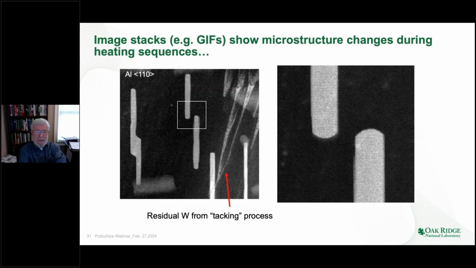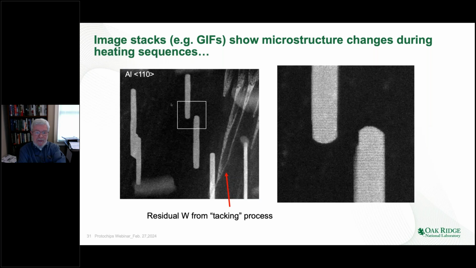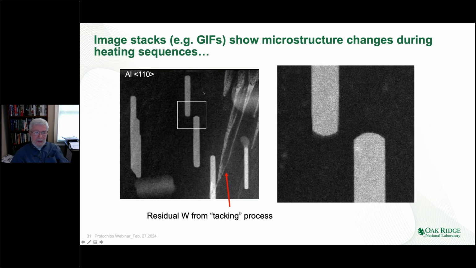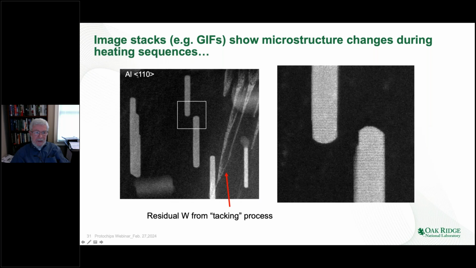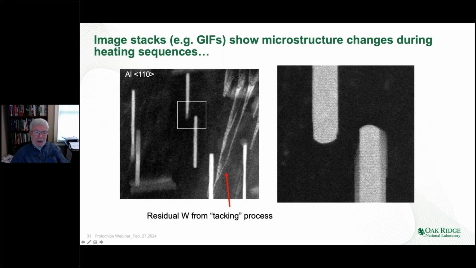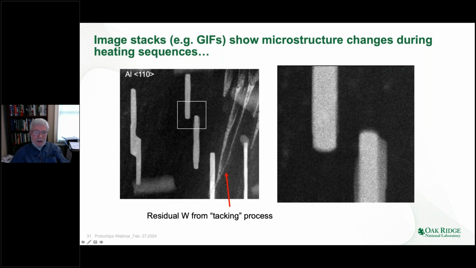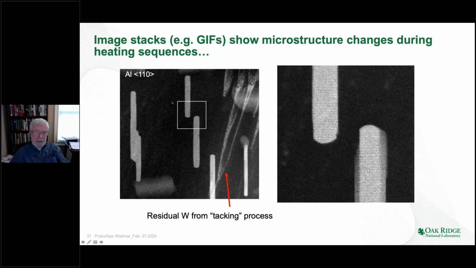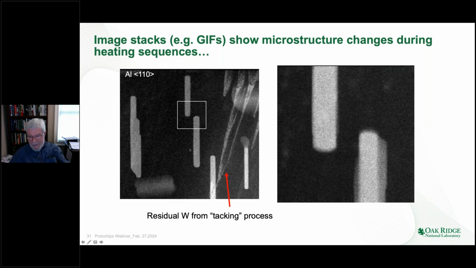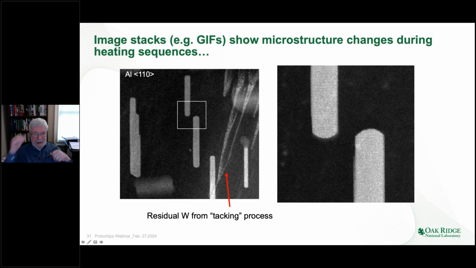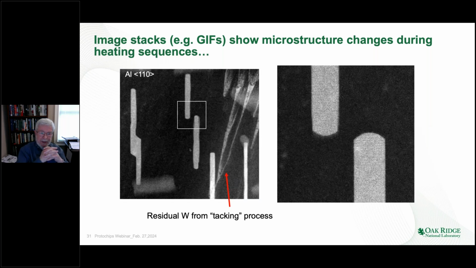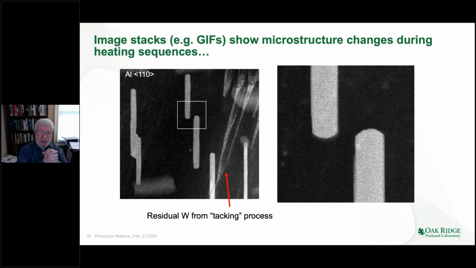And here's an example of a xenon plasma FIB sequence. In this example, these streaks here are actually residual tungsten after tungsten was deposited by the plasma.